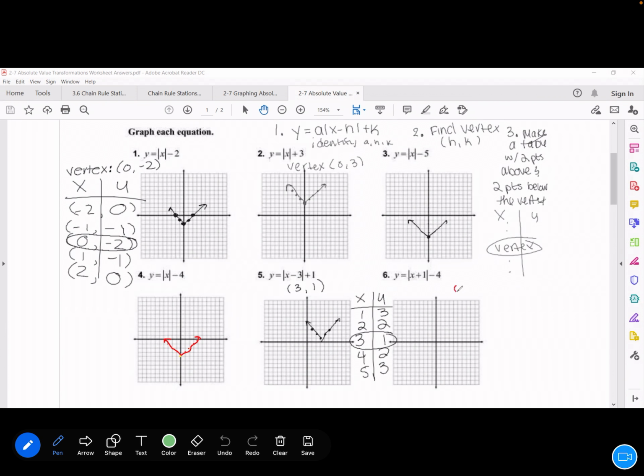In 6, my vertex is -1, -4. So that will be to the left 1 and down 4. Once again, no stretch or compress. So we go up 1, right 1, up 1, left 1. And there's my graph.